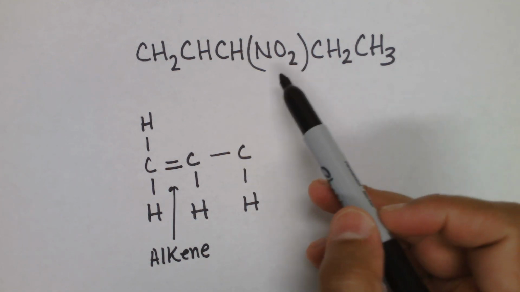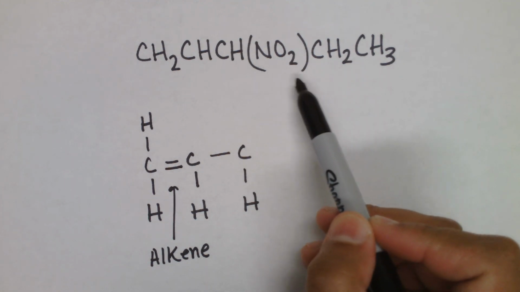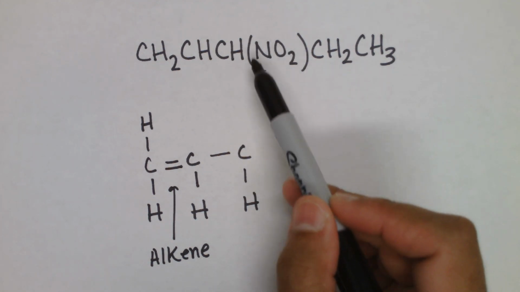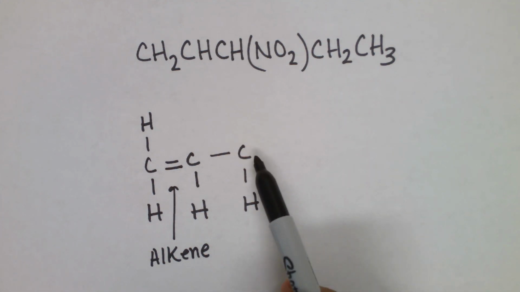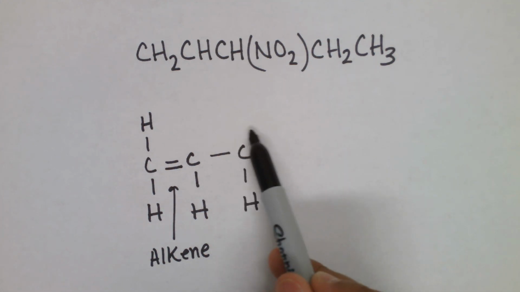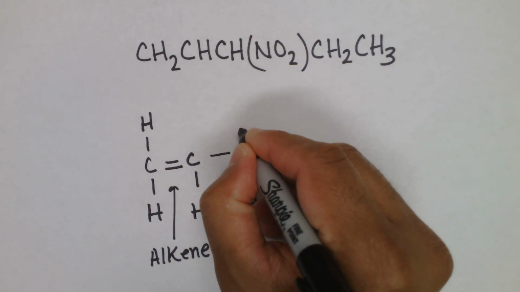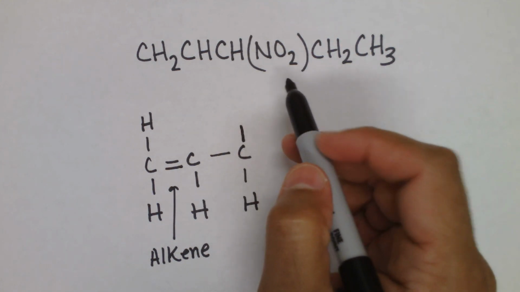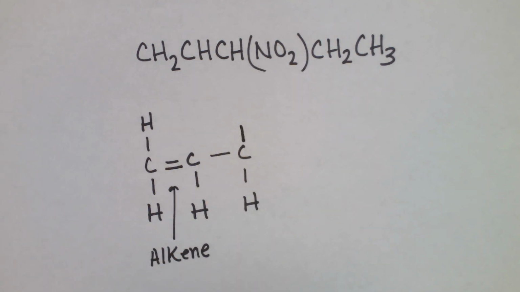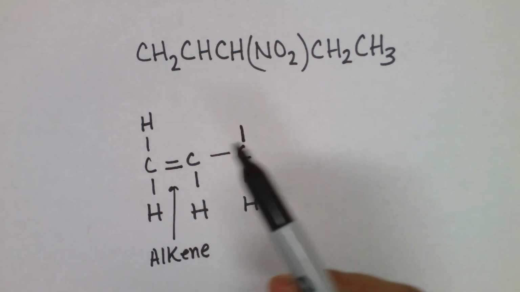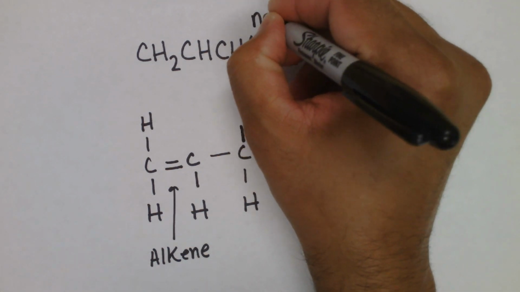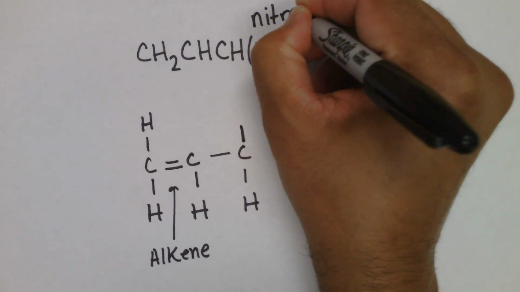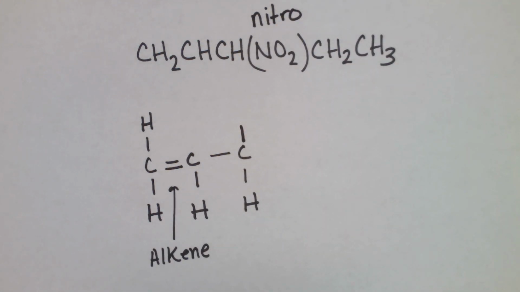Now let's continue here. Whenever you see a group in parentheses, that means that this group is bonded to the previous carbon in the chain. So rather than continuing the chain, I'll draw this NO2 group. Now this is interesting. This is something that organic chemistry students just have to know. This NO2 group is called the nitro functional group, or the nitro group.